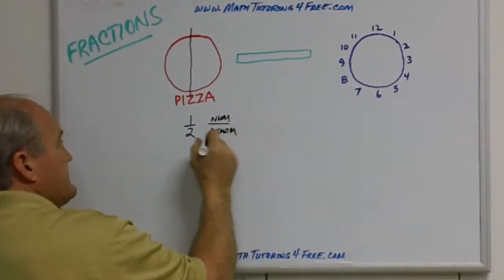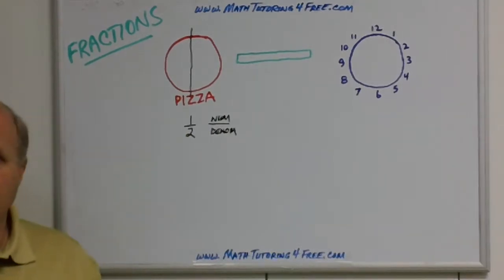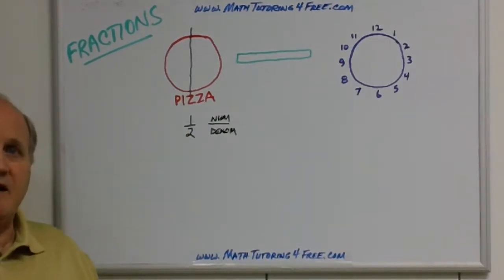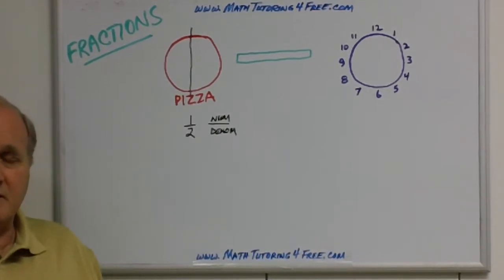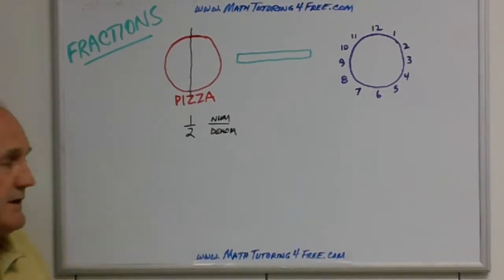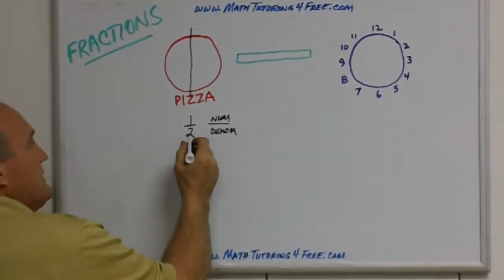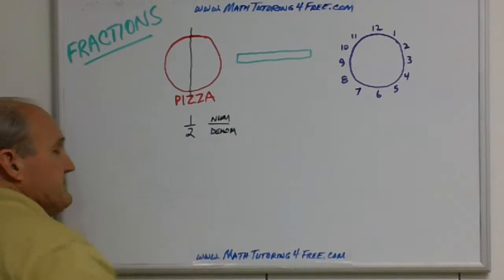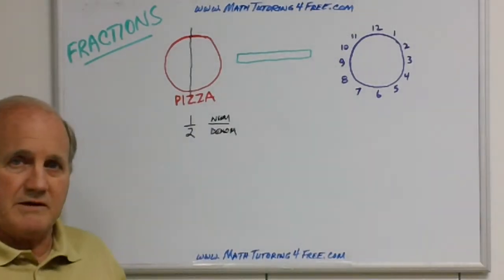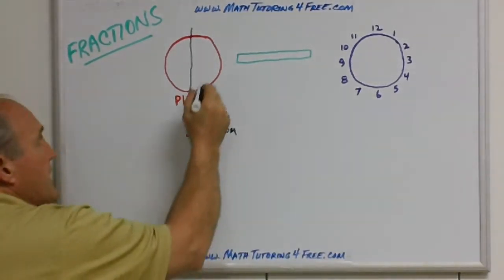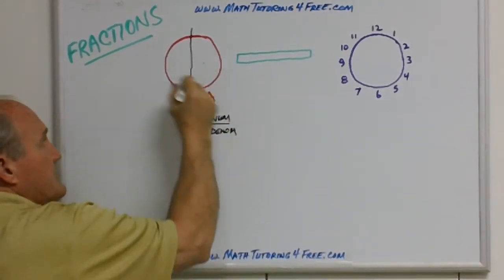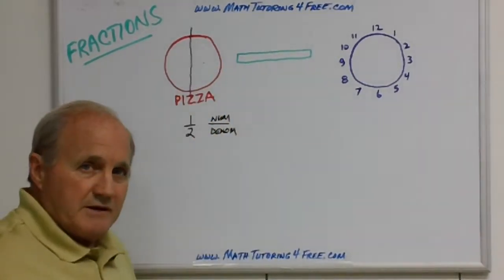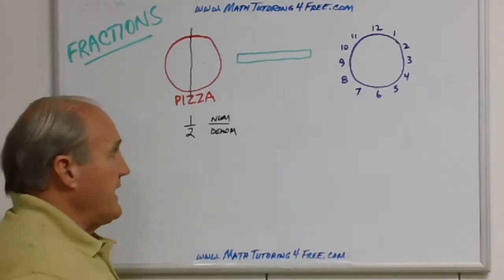The denominator represents how many equal parts the item has been divided into. In the case of the pizza, there are 2 equal parts, and it's important to remember that they're equal parts, and each half would be represented by 1 out of 2 equal parts. So that would be 1/2.